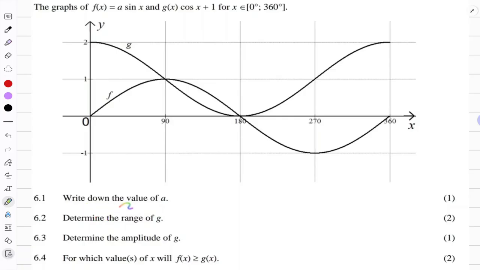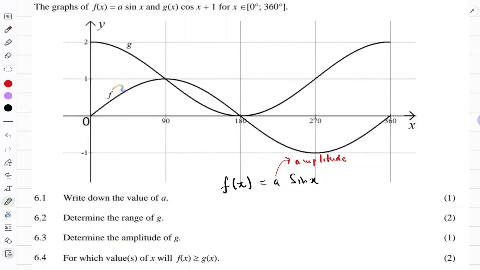So the first question says write down the value of a. When analyzing our function f(x) = a sin x, we see that the value of a stands for the amplitude. So by definition, the amplitude for f(x) is the maximum positive y value from the center line.